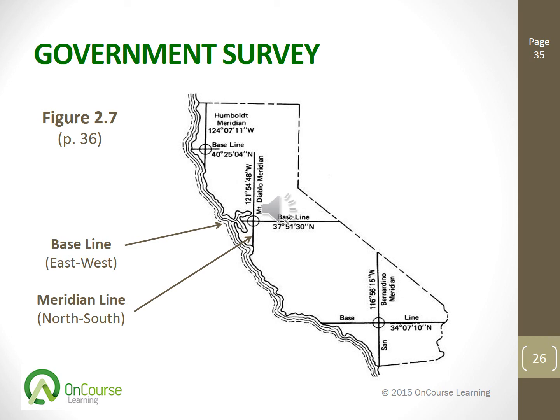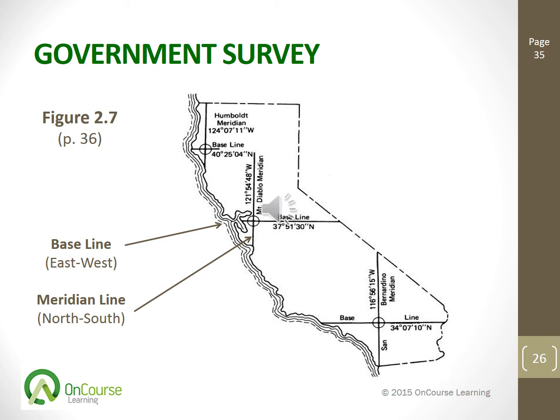And of course all these things have a great affinity for turning up in examinations. The points there at Humboldt, Mount Diablo, and San Bernardino are called initial points. Got that? Got that memorized?